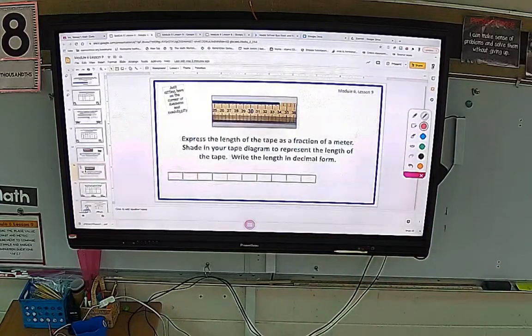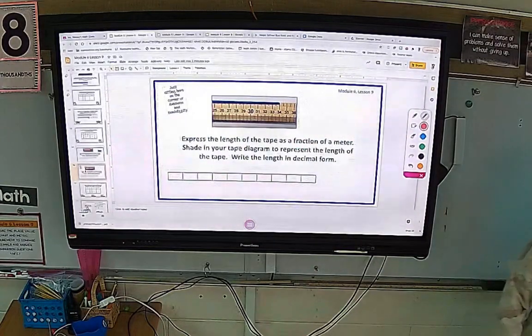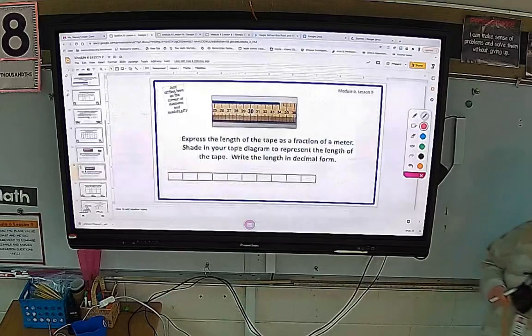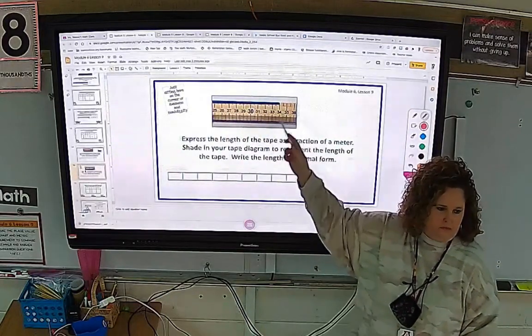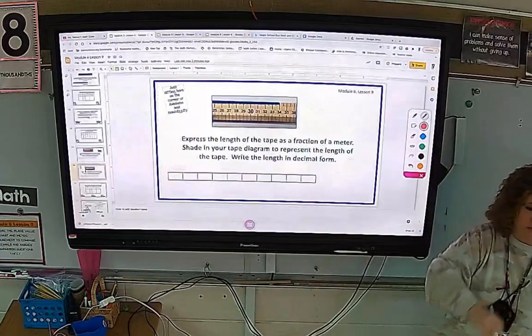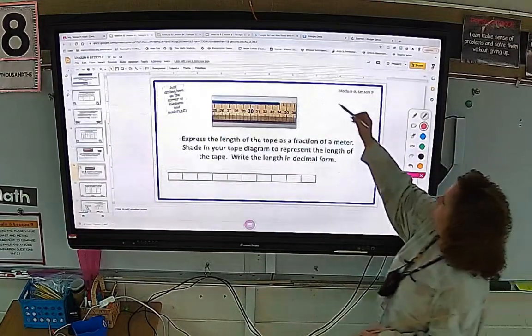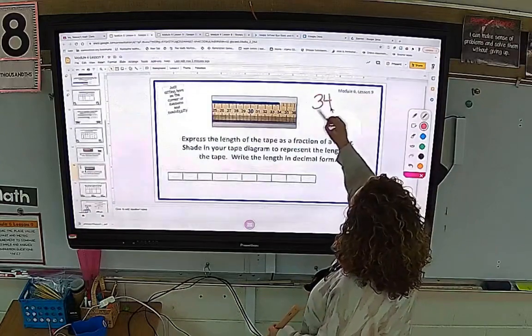Okay. To compare, you often need two things to compare to. So, on the second one, what does this say up here? What is our fraction going to be? Okay, we've got 34 hundredths.